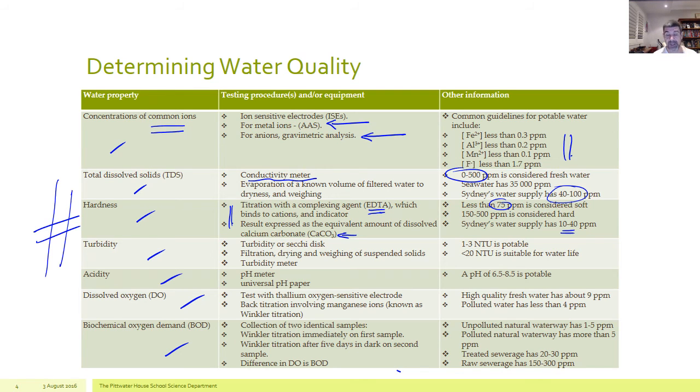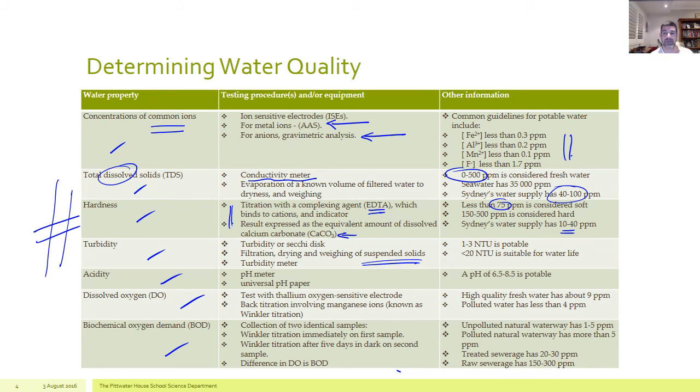Turbidity is measured with a turbidity or Secchi disc or a turbidity meter. Again, you can filter the suspended solids, so here we're talking about suspended solids as opposed to dissolved solids. When you're looking at this particular one, you're looking at nephelometric turbidity units, the NTU.